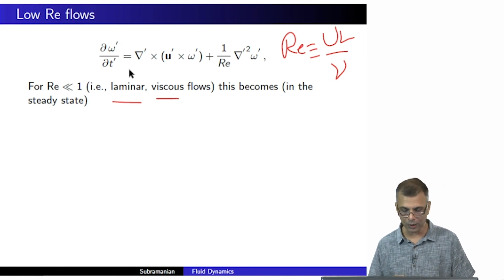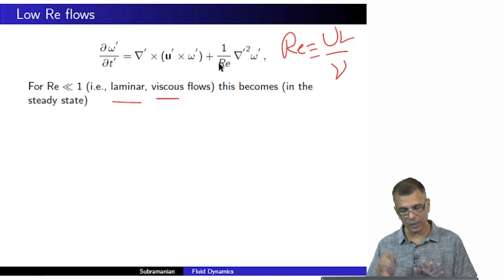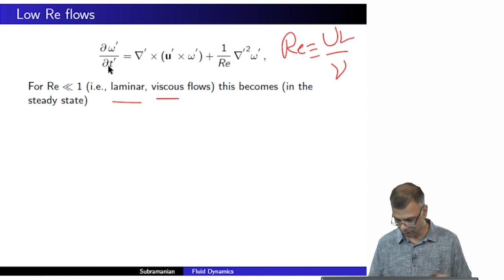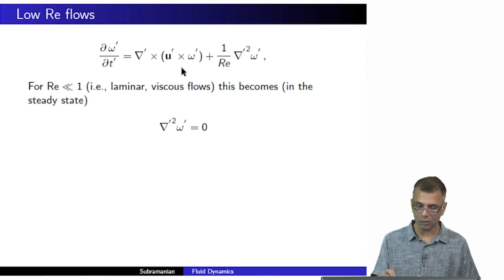That's what we did. So this particular equation, in the situation where the Reynolds number is much less than 1, only this term is important, right? And we consider only steady state situations where the partial derivative of omega prime with respect to t prime goes to 0, and this is no longer important.